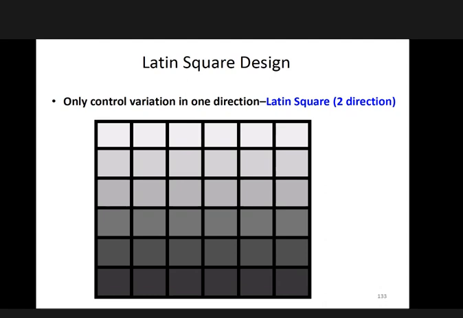So remember, we talk about stratified random sampling, and then we talk about cluster sampling.